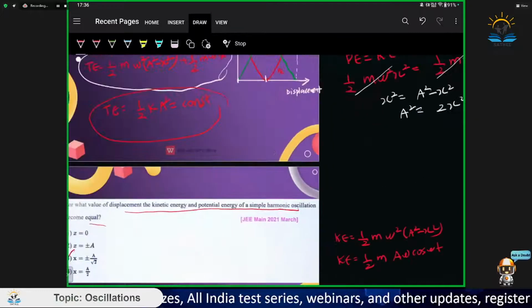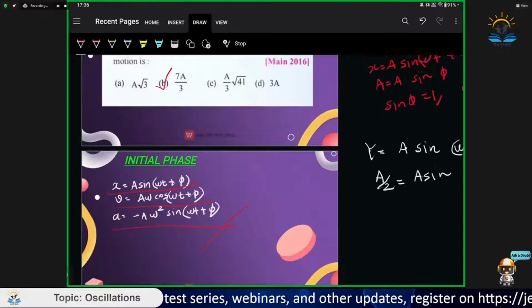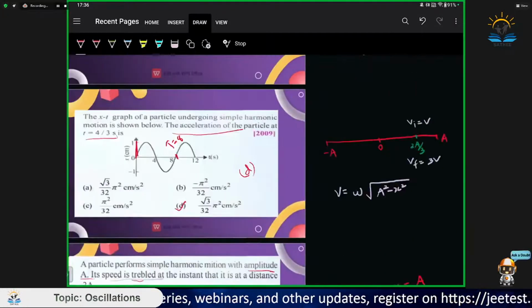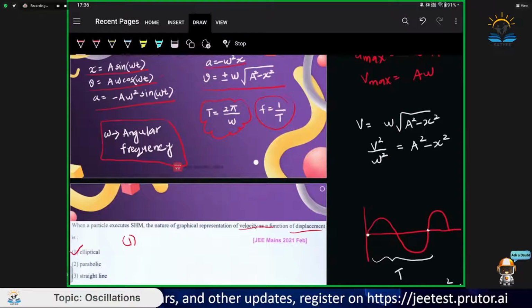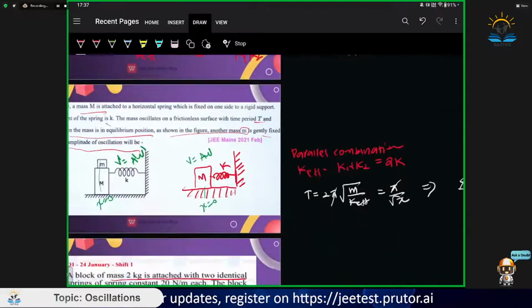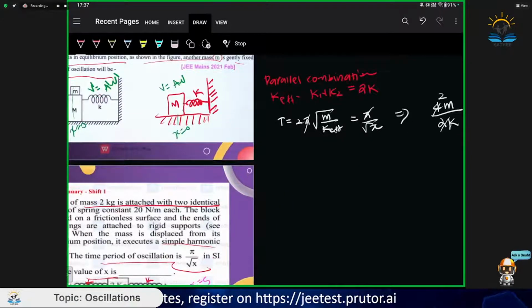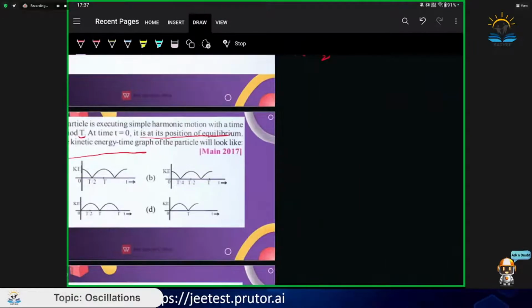We've already seen that. Velocity is a omega cos omega t. We have that equation also.